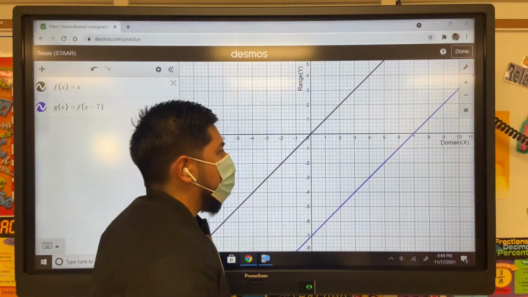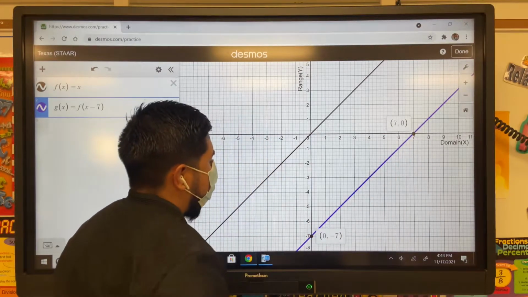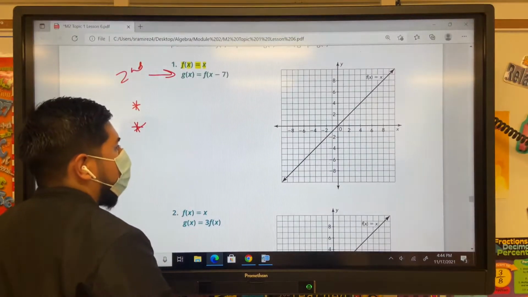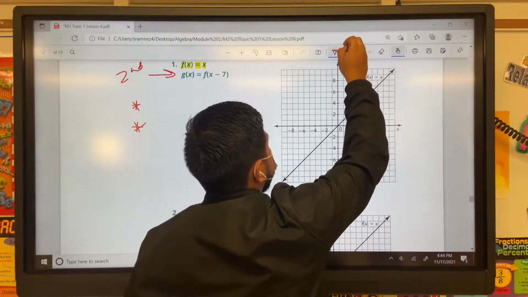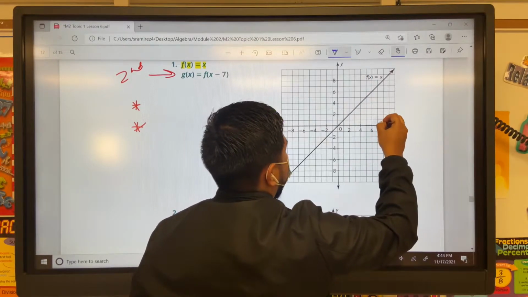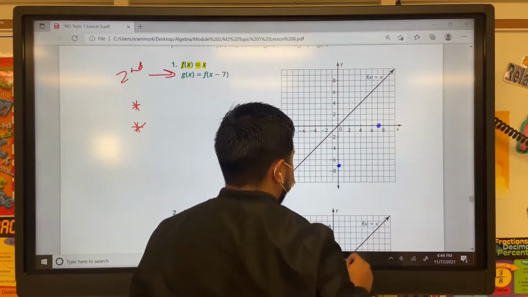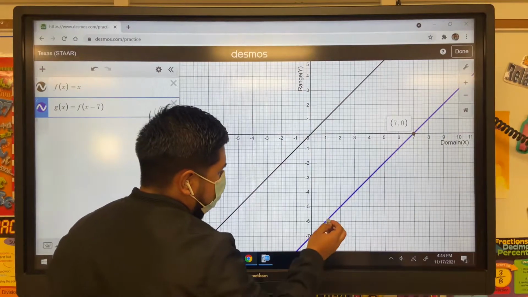Couple things that we can consider. It starts at 7, and it starts at -7 down here. Those are 2 points that I can plot real quick. Let's use blue because I think it'll look more appealing in blue. I do want us to get used to plotting all the points.